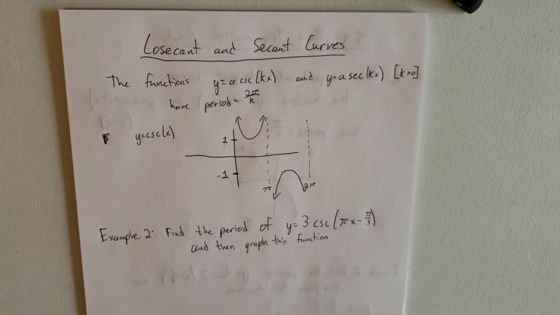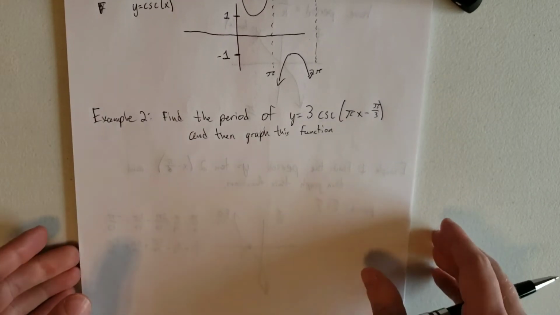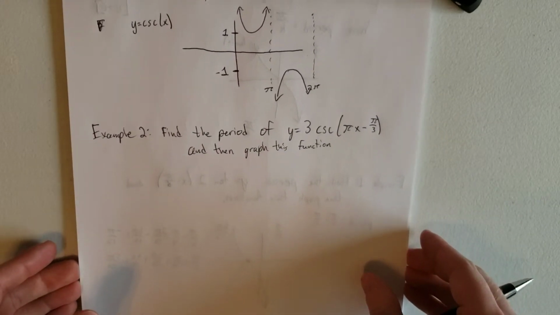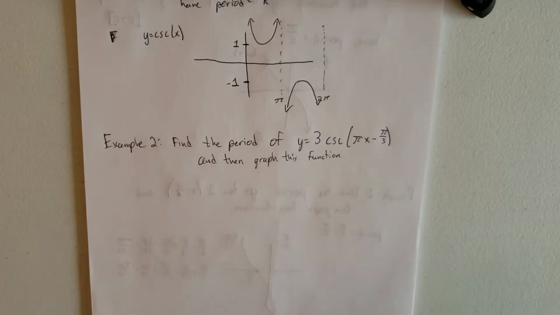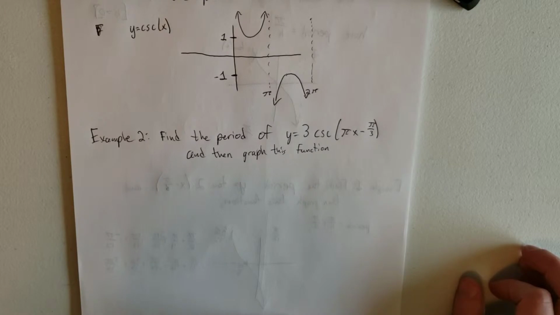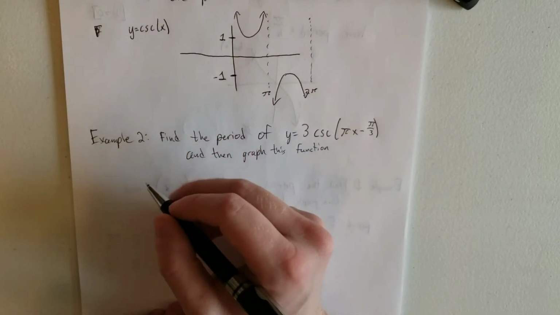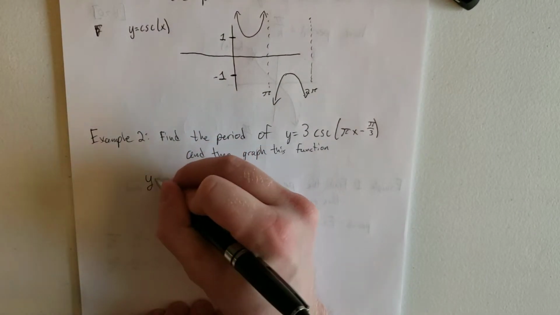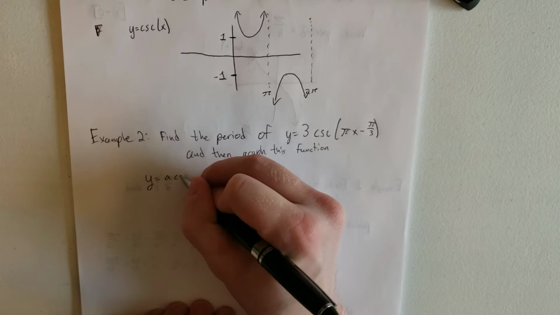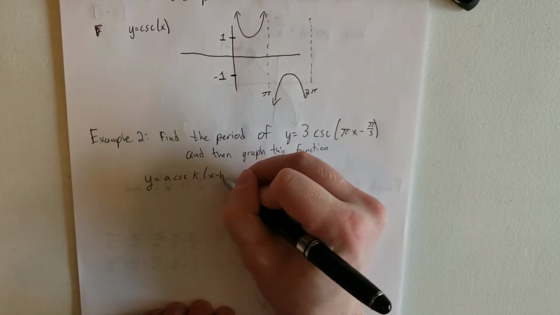So let's use that information to do example 2 here. Example 2 asks us to find the period of y equals 3 times cosecant of pi x minus pi over 3, and then graph this function. Well, to do this, we need the function to look like y equals a cosecant of k times x minus b, right?